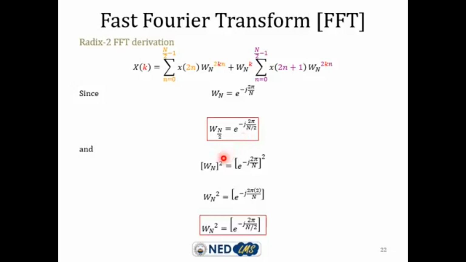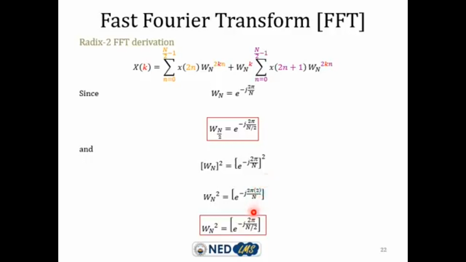Now let's come to this factor, which is the square of the W_N factor, in order to check what the final result will be. If we take the square of the W_N factor, it means we are taking the square of this factor, because W_N is equal to this. These two powers can be multiplied, and this 2 can also be written in the denominator like this.